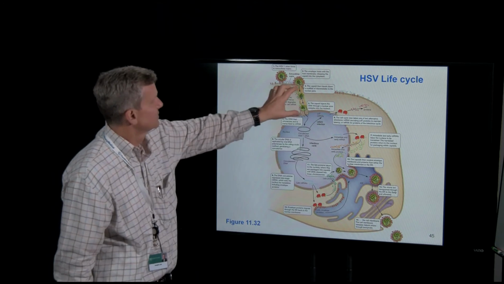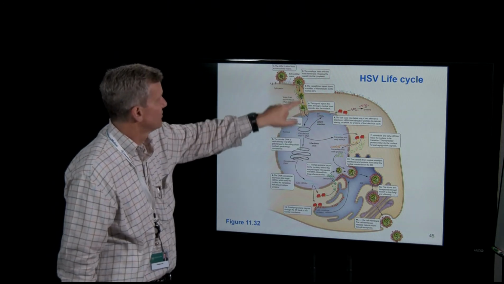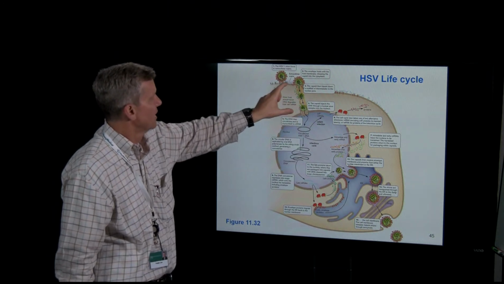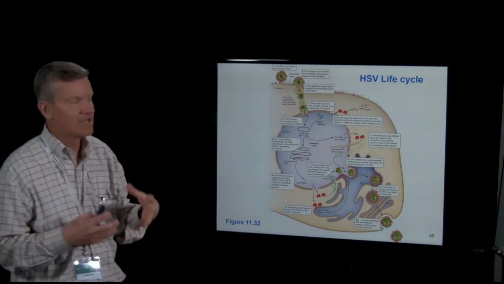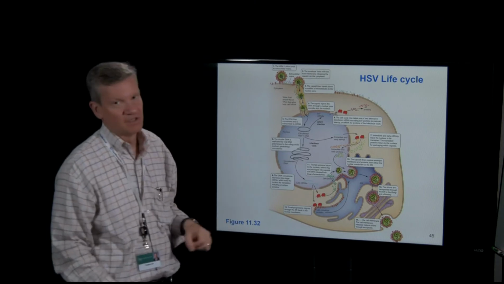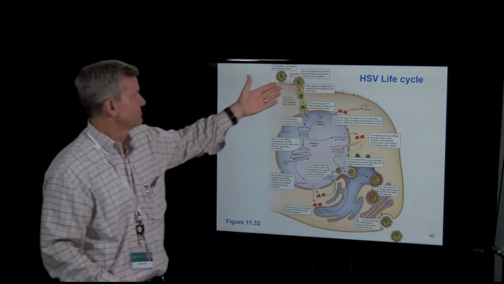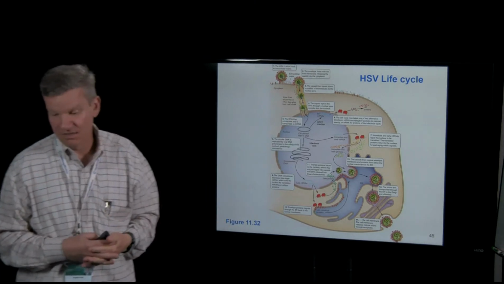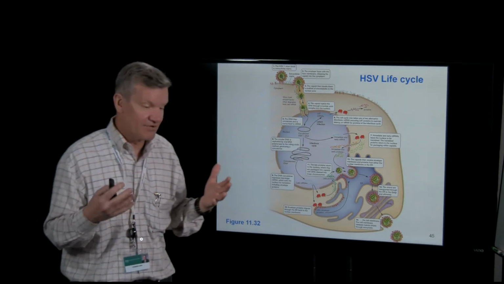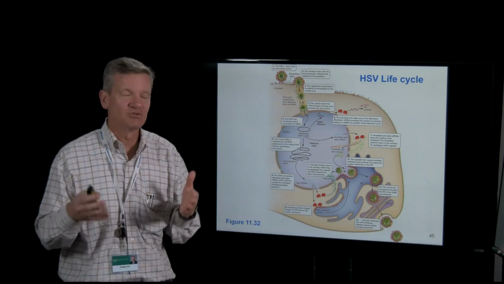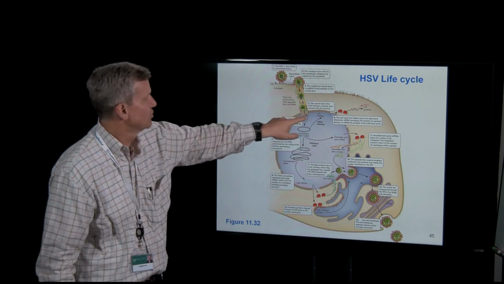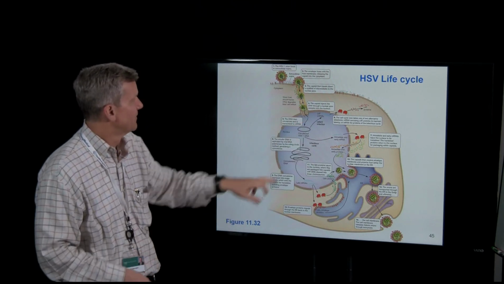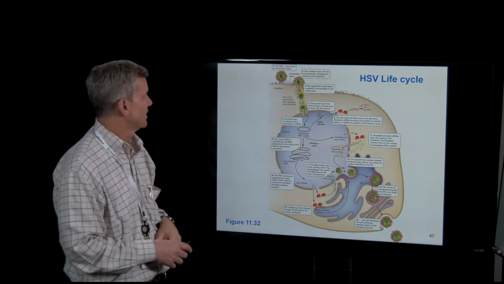When this happens, some microtubules form, and the virus capsid kind of rides down a microtubule elevator to the nucleus. The reason it does that is because it's a DNA virus, and DNA viruses replicate in the nucleus. So uncoating occurs through a nuclear pore in the nucleus, and the DNA circularizes.